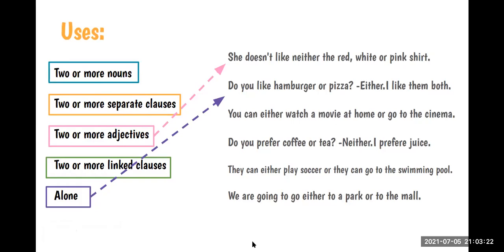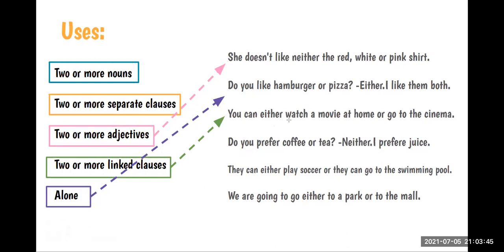Two or more separate clauses. Very close. Separate clauses? Okay. We're going to check what is the difference between separate clauses and linked clauses. The first one is used as a linked clause. Why? I'm going to show you here.